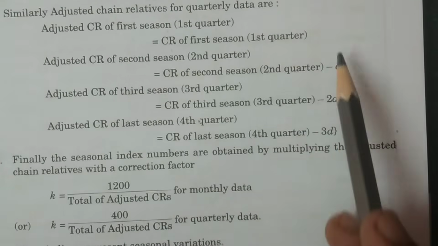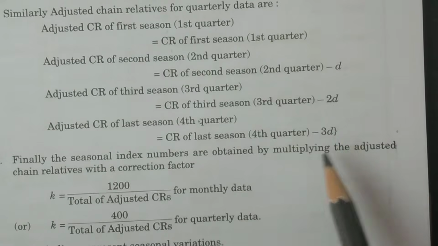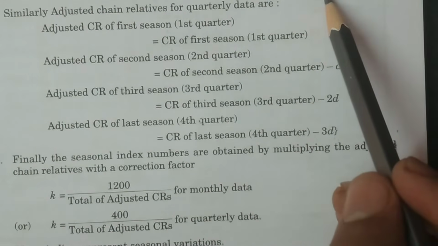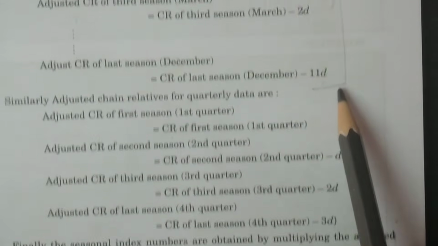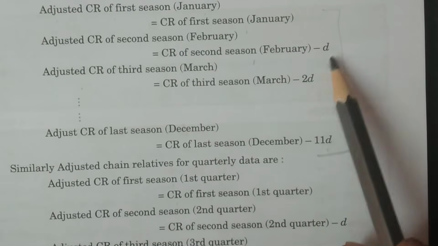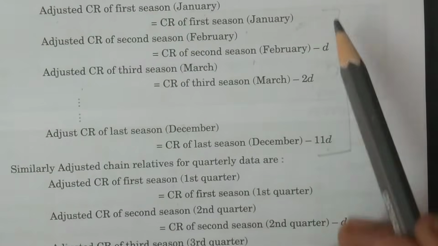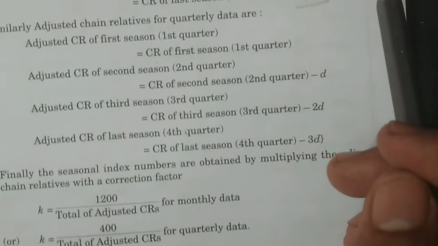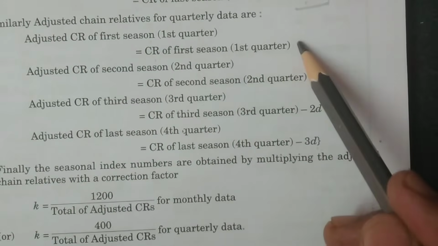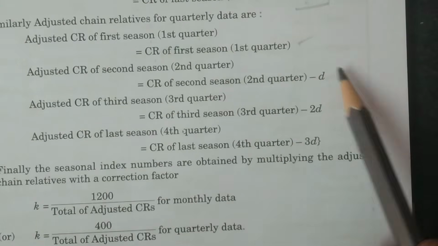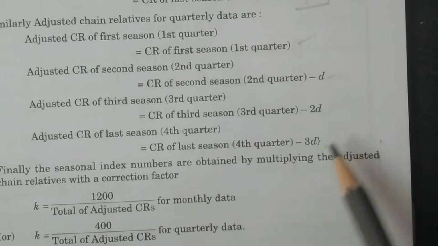In the monthly data, we subtract D, 2D and so on up to 11D, except for the first one. Here also, leave the first quarter as it is, and subtract D, 2D and 3D.